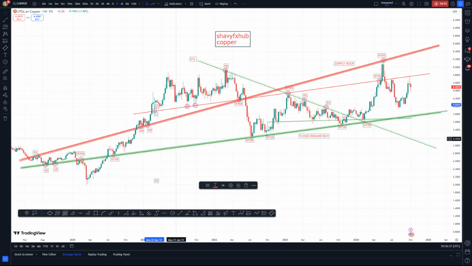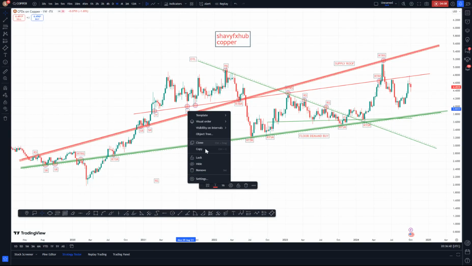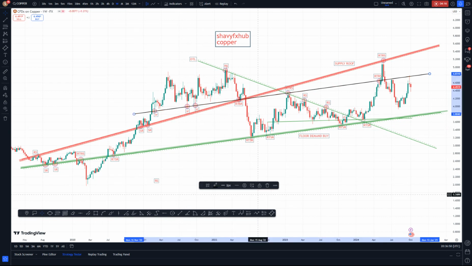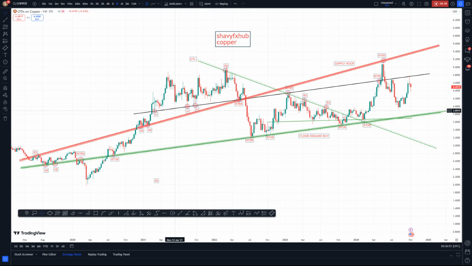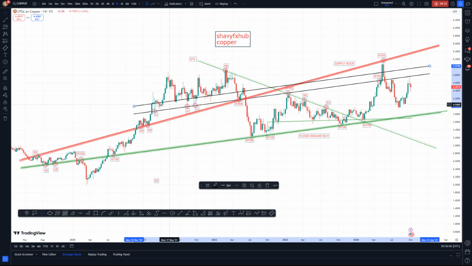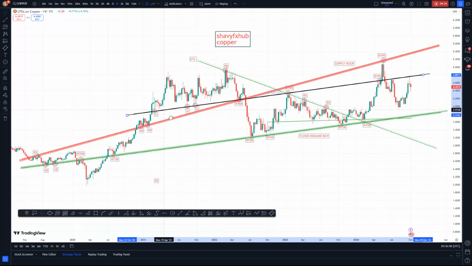So we will change the color code to note the change in character. I will label this as black. So we have this as a new demand. What is demand?